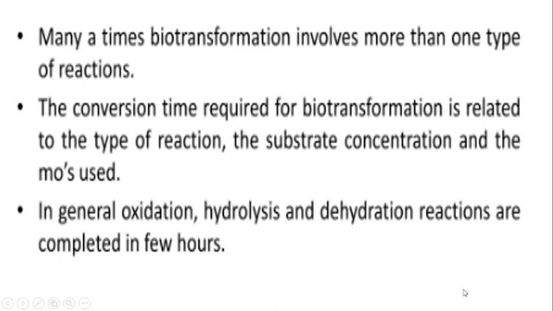Okay, one or more than one, and the time required for a biotransformation to complete depends on the type of reaction that is happening, the substrate concentration and the microorganism that is used. And if the type of reaction is oxidation, hydrolysis or dehydration, then it is completed very, very soon.